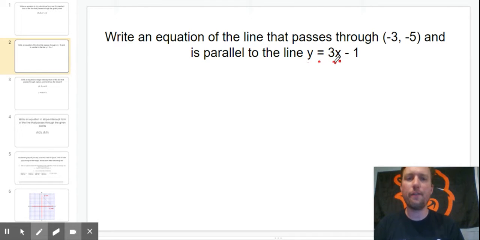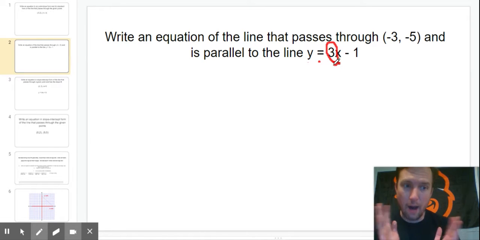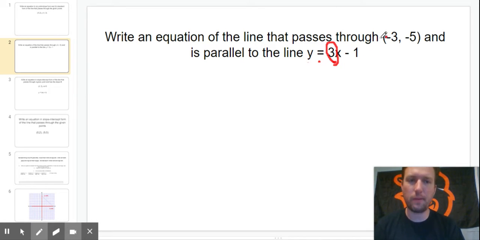But we know that from this equation, 3 would be our slope. How do you ask? Well, since we know that lines that are parallel share the same slope, we can tell that this line from this equation and this line from these coordinates must share the same slope. So since this equation is mx plus b, 3 is going to be our slope.